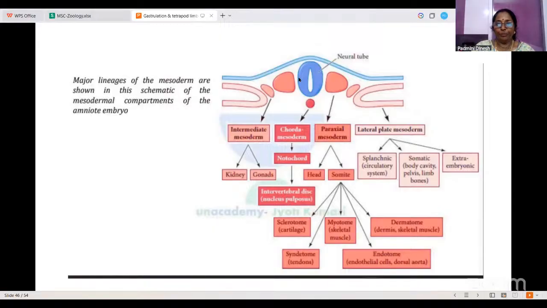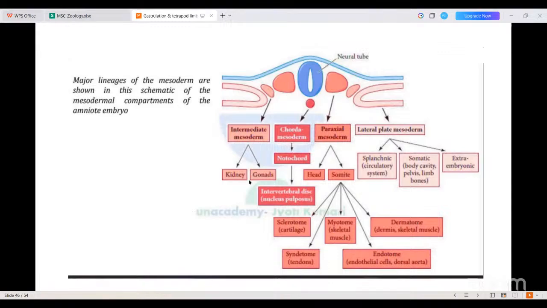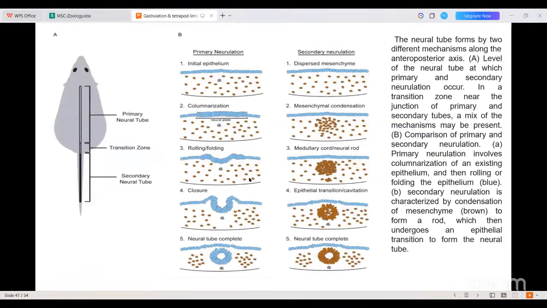So you have the neural tube, the mesoderm, and the notochord.